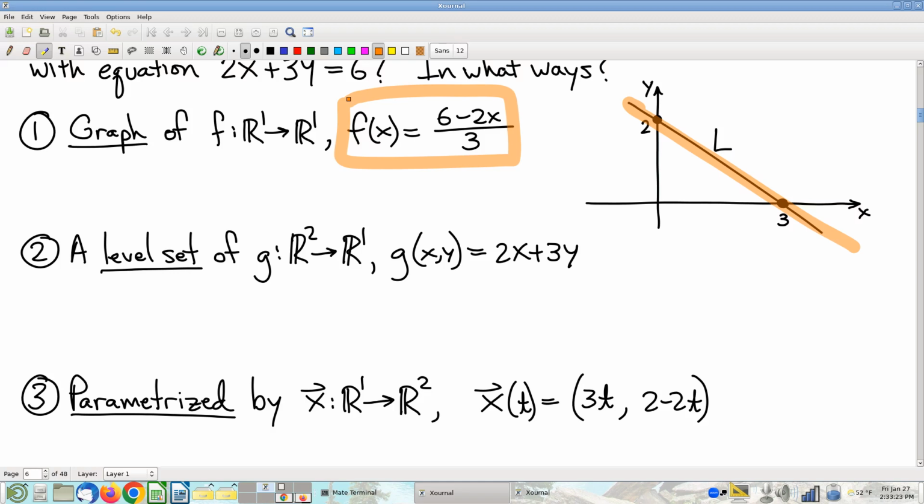So the slope is the derivative of the function. But we have to be careful. That's only true if the connection between the function and the picture is that this is the graph of that function. This whole business about derivatives being slopes is specifically and only for graphs.